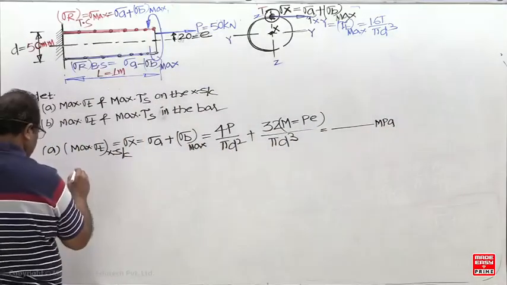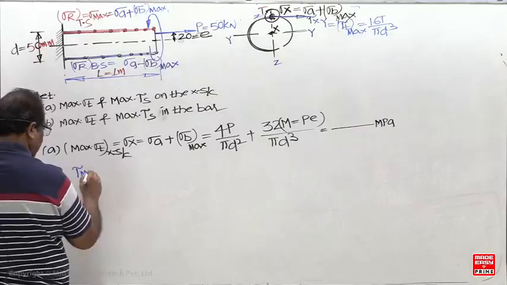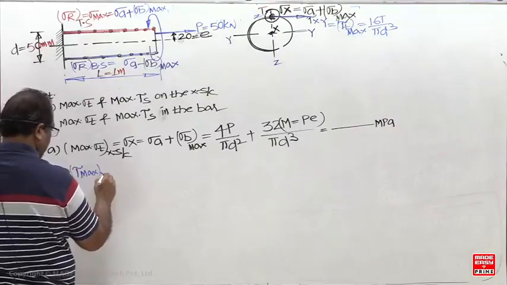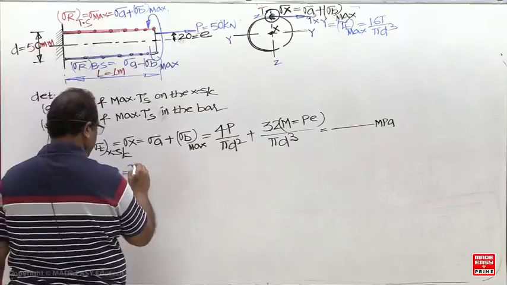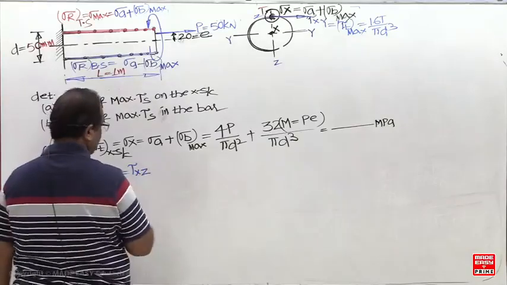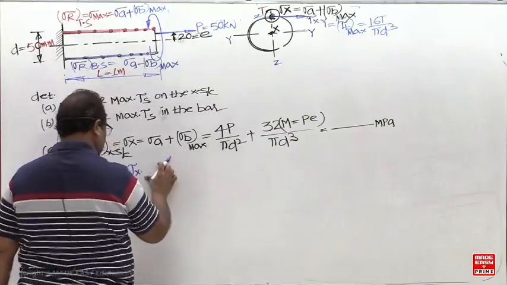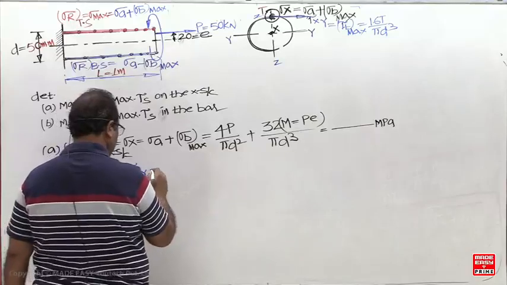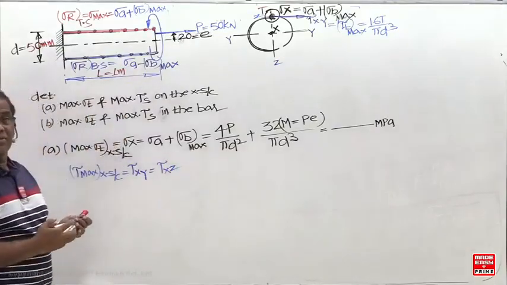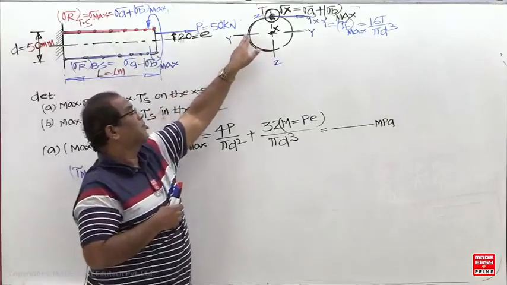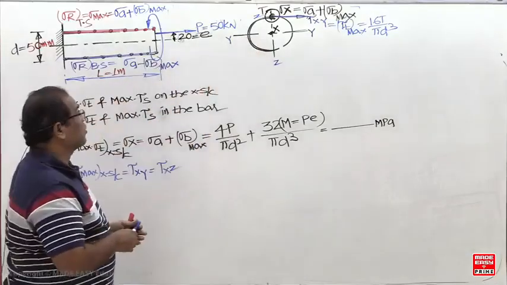Next, it is tau xy. Somebody can also take tau xz. If you take it here, this will become tau xz. I am writing about the critical point.